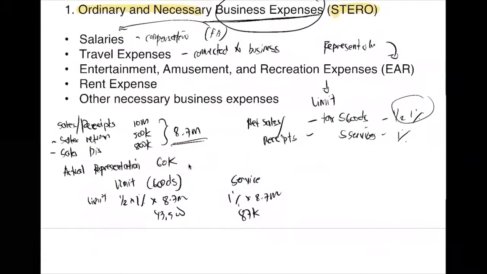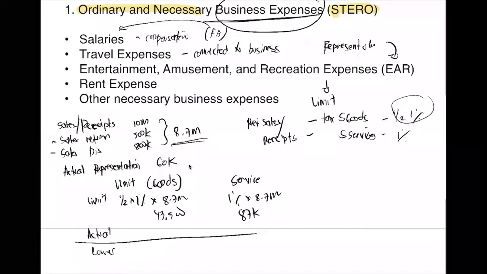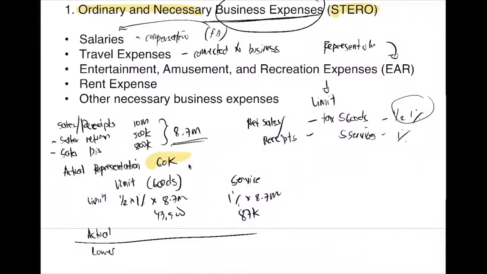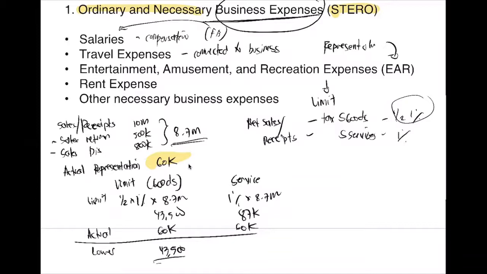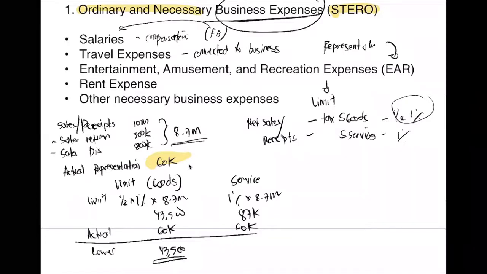So how does your limit work? Your limit, you compare with your actual. Whichever is lower, that is the amount of deduction. What is the amount of our actual expense? So our actual representation expense amounts to 60,000. So we will place here 60,000. So for a seller of goods, which is lower, 43,500 or 60,000? 43,500. For a seller of services, which is lower, the limit of 87,000 or the actual 60,000?